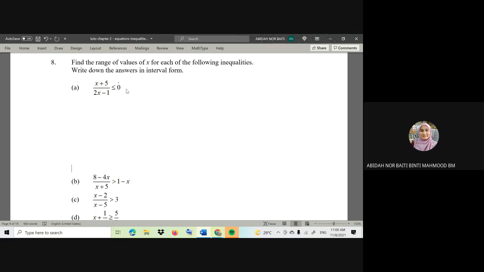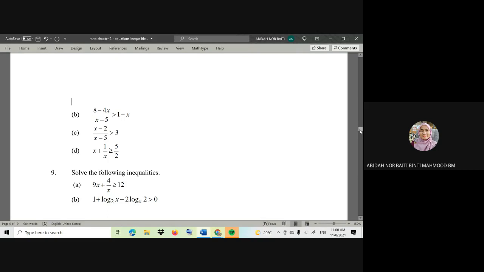Macam soalan A tu, belah kanan tu mesti 0, baru kita boleh mula dengan table of sign. Question B, C and D, your right side is not equal to 0, so you have to simplify this function first.